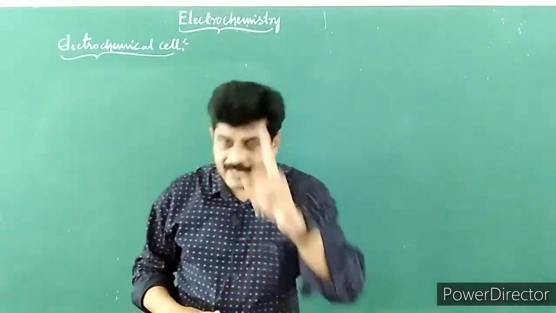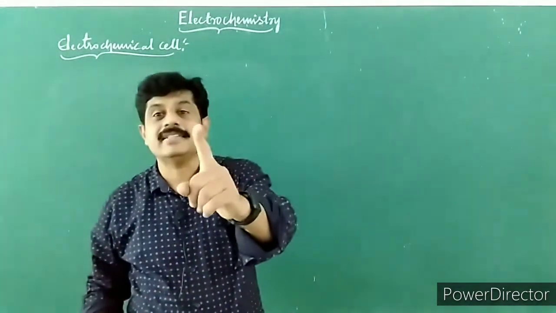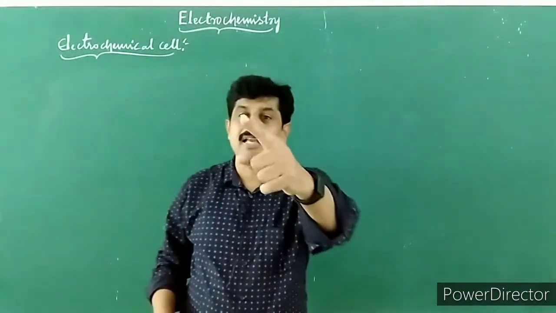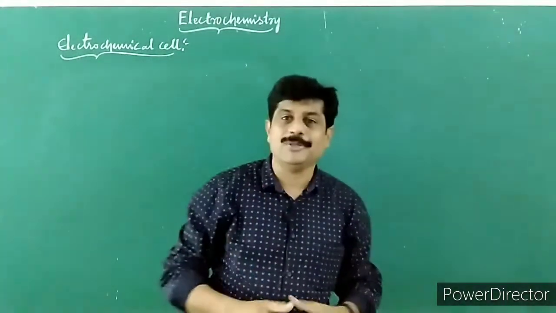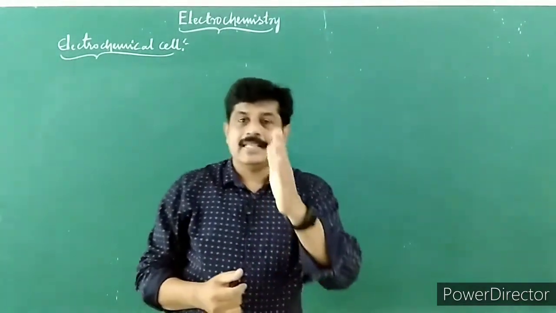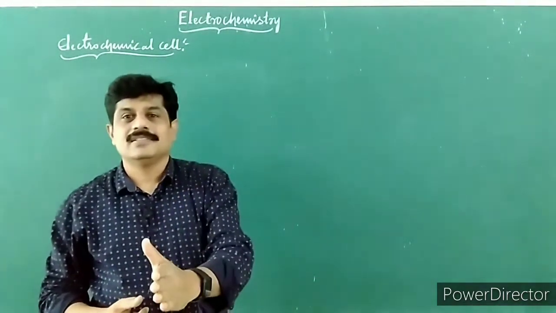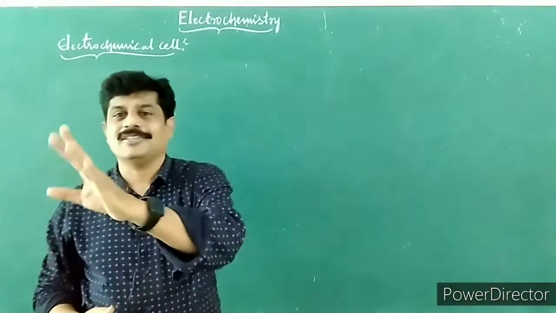You can define the term electrochemical cell as a device in which the chemical energy of the spontaneous redox reaction is converted into electrical energy. In other words, the electrochemical cells are based on the spontaneous redox reaction.